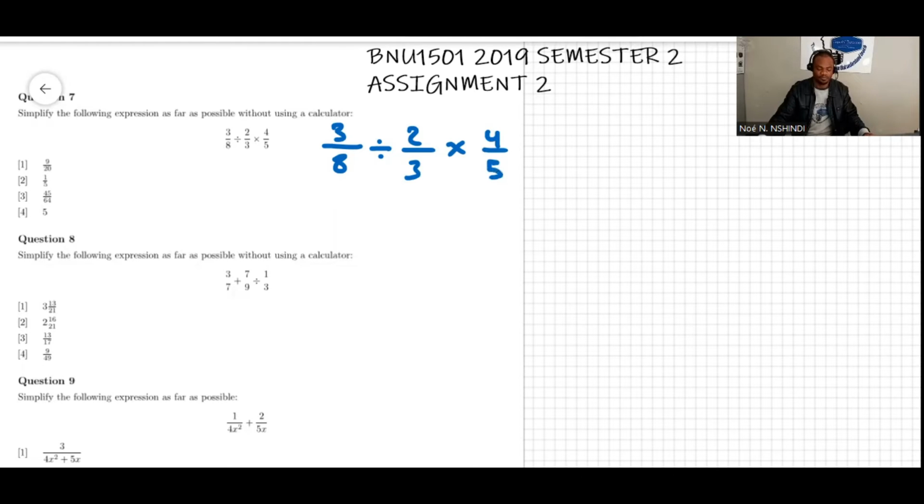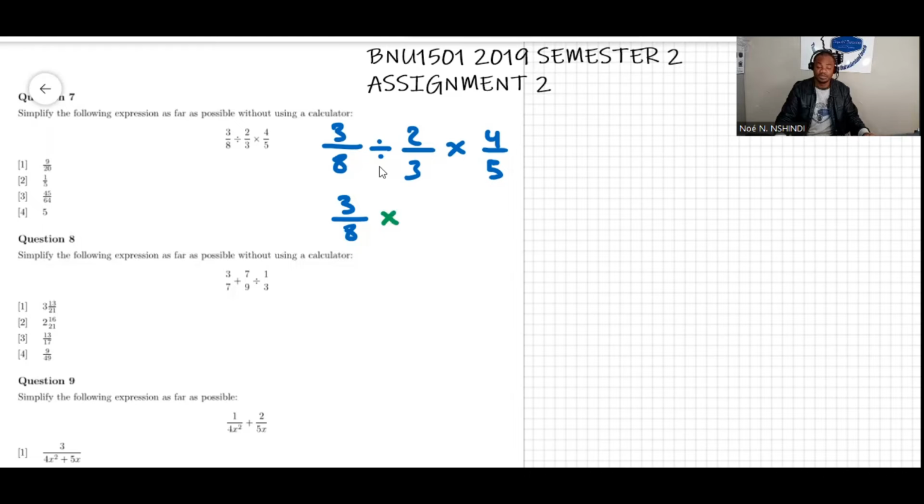So in this situation, because we have a division here, we can change this operator to a times. So it's going to be 3 over 8, we change that to times. When we divide a fraction by another fraction like this, we change the operator from divide to times, and then we reverse this fraction.